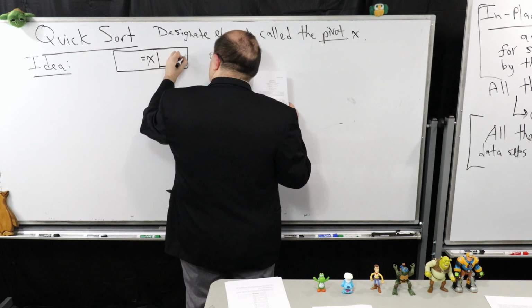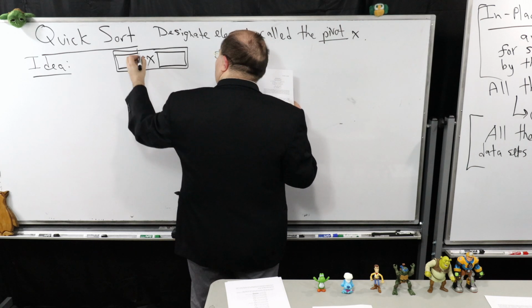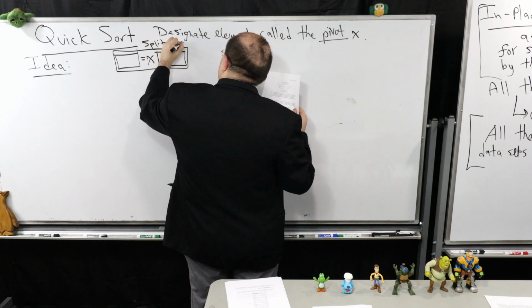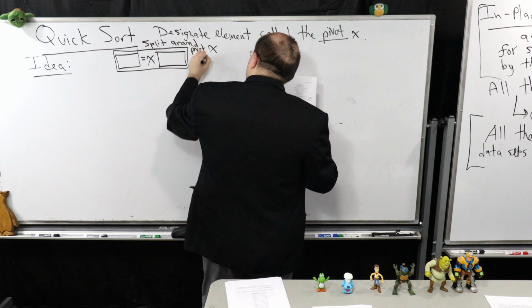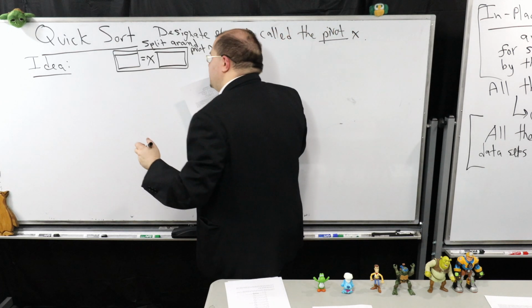Now, what I would like to happen is I'm going to split around pivot X, into two groups, like I did a moment ago.